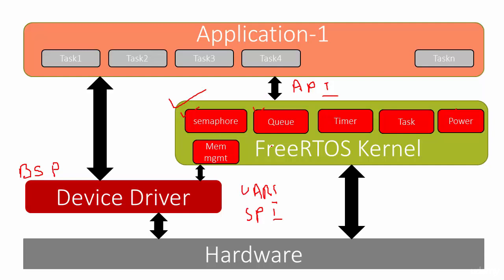You download the FreeRTOS kernel from freertos.org, and it has lots of kernel services like semaphores, queues, timer services, etc. Each service exposes its own FreeRTOS APIs, and your FreeRTOS kernel needs a device driver to talk to your hardware peripherals. This we usually call a BSP.